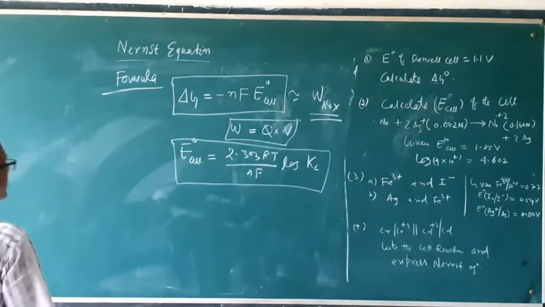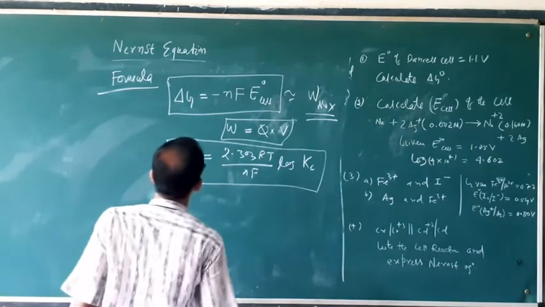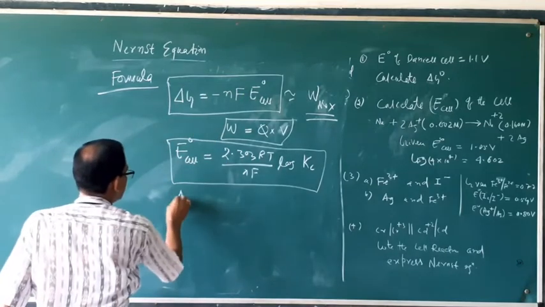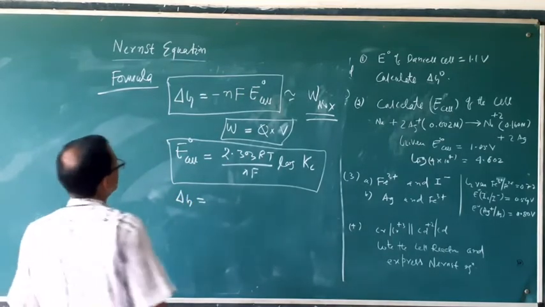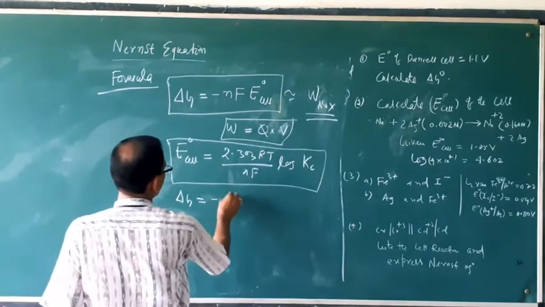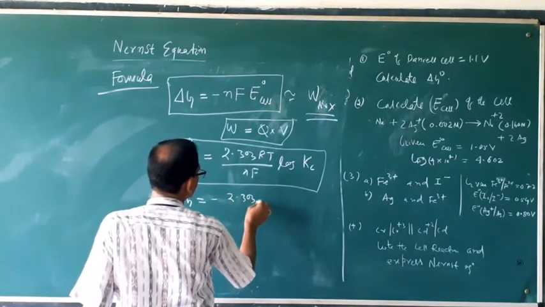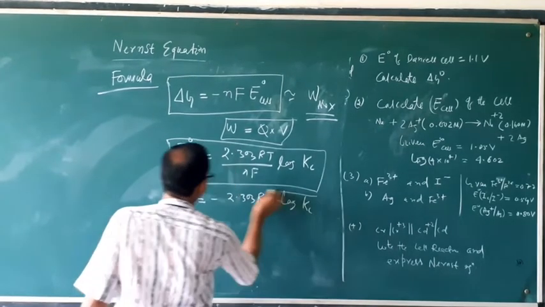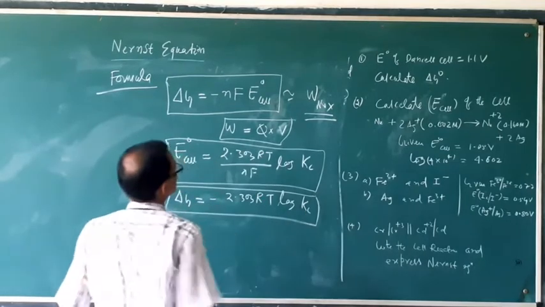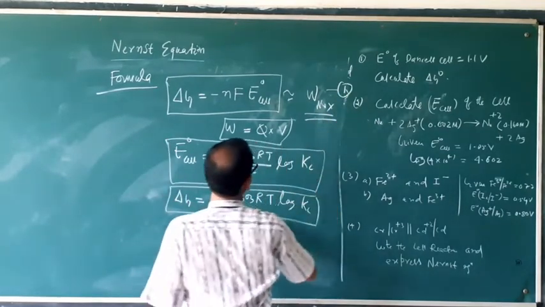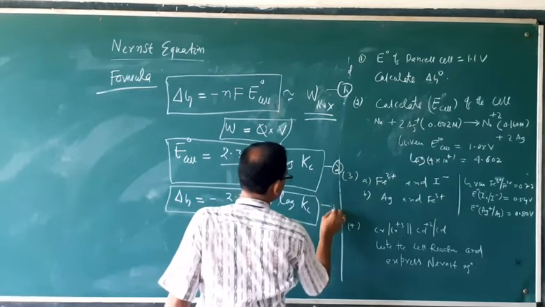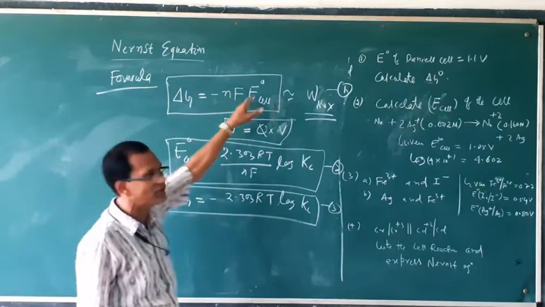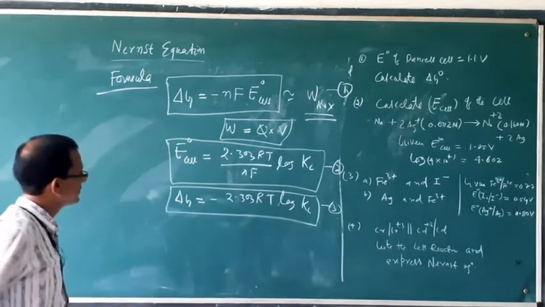Then the third formula: if you put this E naught value in this equation, then finally delta G is equal to minus 2.303 RT log Kc. So equation 1, equation 2 and equation 3 are derived from each other only by taking delta G equal to minus nFE naught cell. So these are the expressions for this.